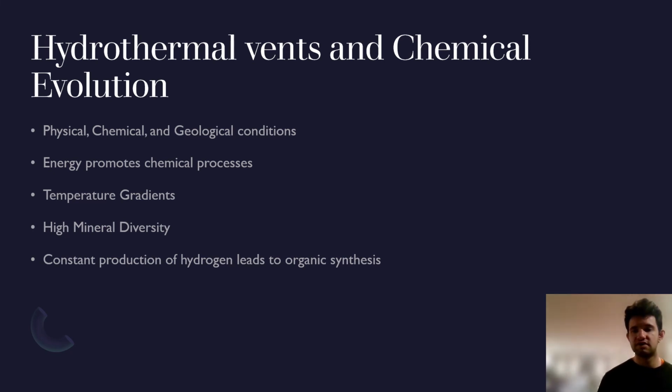These hydrothermal vent systems also have a temperature gradient that allows for different types of chemical processes to occur at different stages, those that require intense heat and others not so much. There's also a constant supply of hydrogen, and for those that haven't taken organic chemistry, hydrogen is a key element necessary for organic compounds to exist.